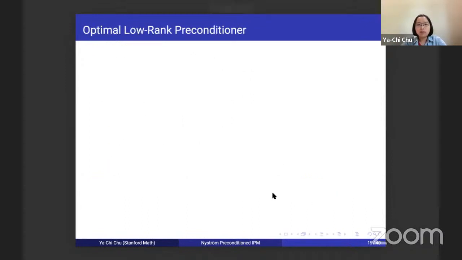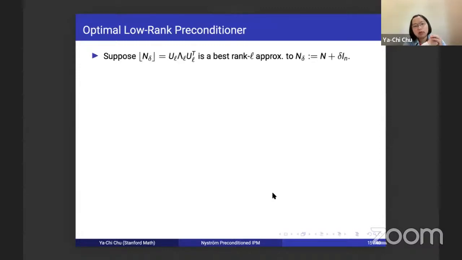So let's think about some ideal case, where we have the best low-rank approximation, and then how could we construct the optimal low-rank preconditioner? Suppose the matrix we want to involve in the system is N plus delta, which we abbreviate as N delta. And let's say this is the best rank L approximation of N delta.